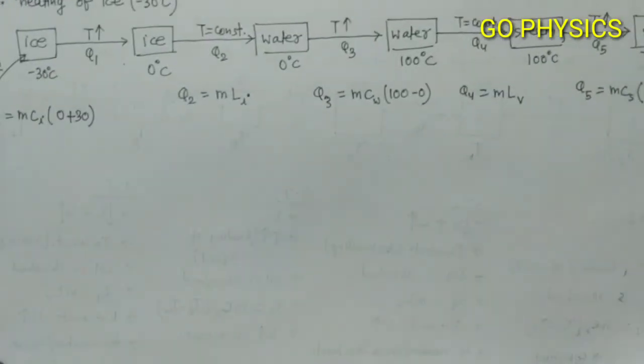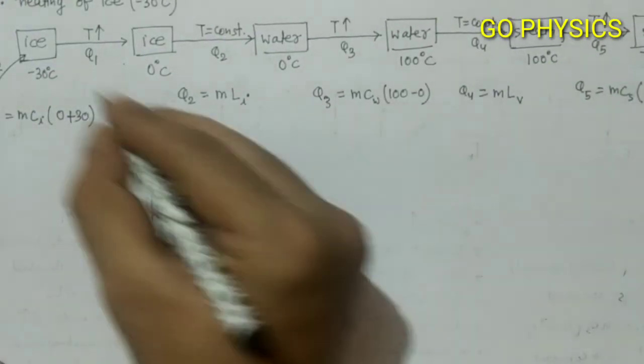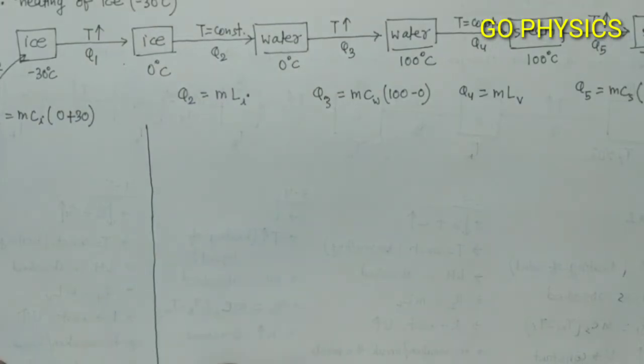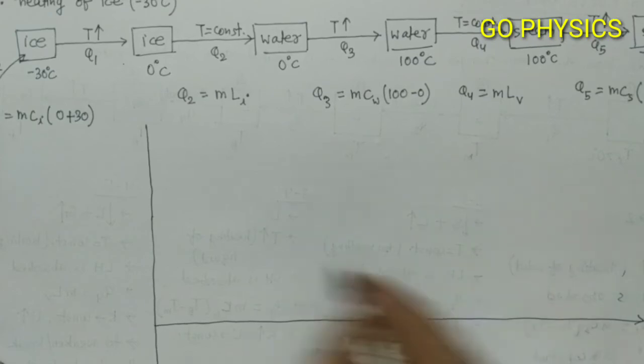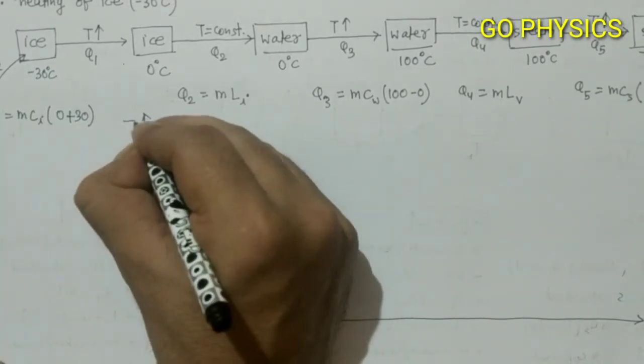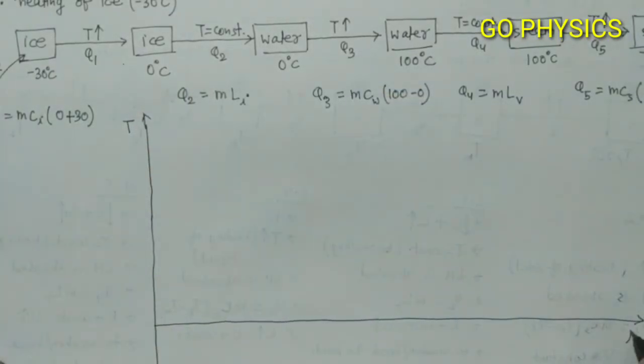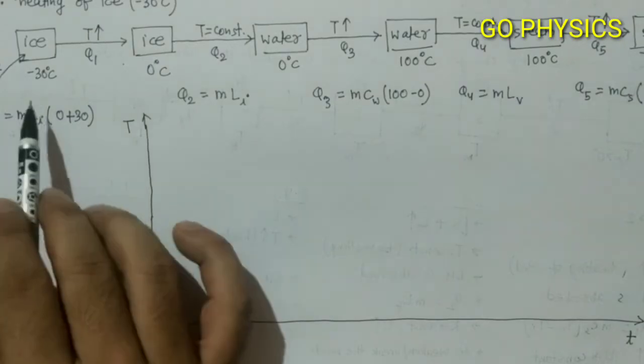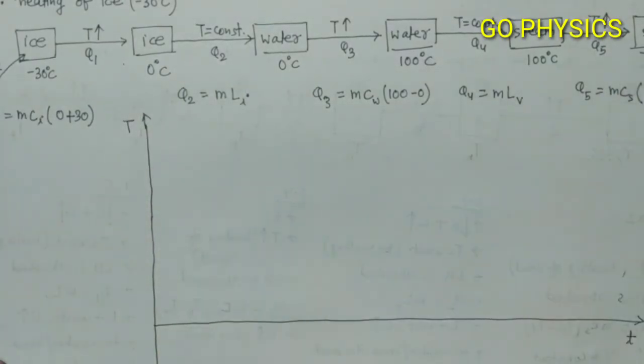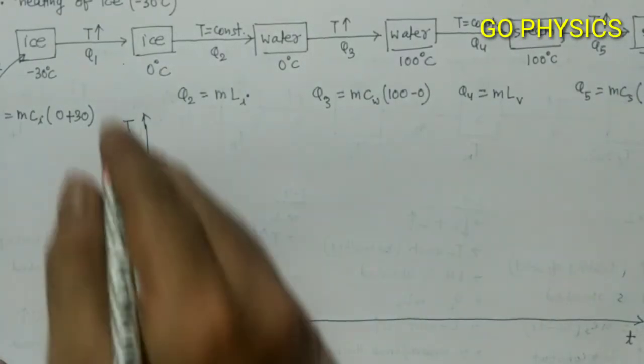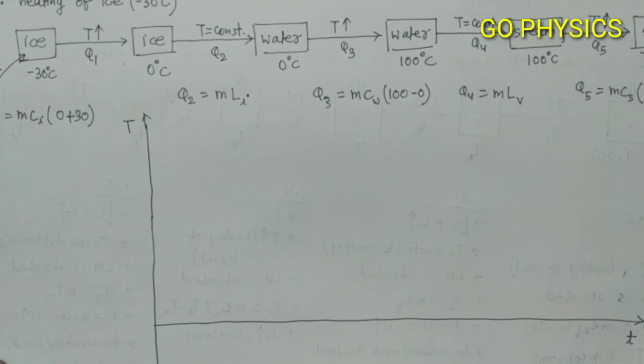Now we are going to draw the heating curve of this ice. So on y-axis we will take temperature and on x-axis we will take time or heat. Now we will mark all the temperatures on the temperature axis. Initial temperature we have minus 30 degrees Celsius.